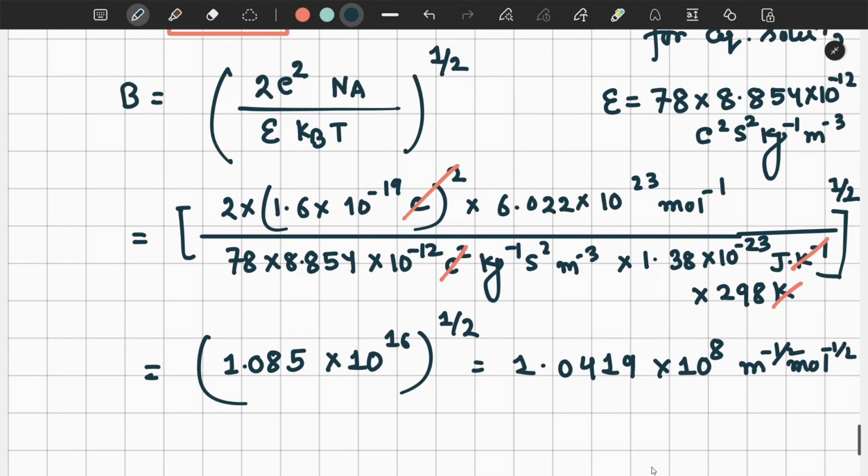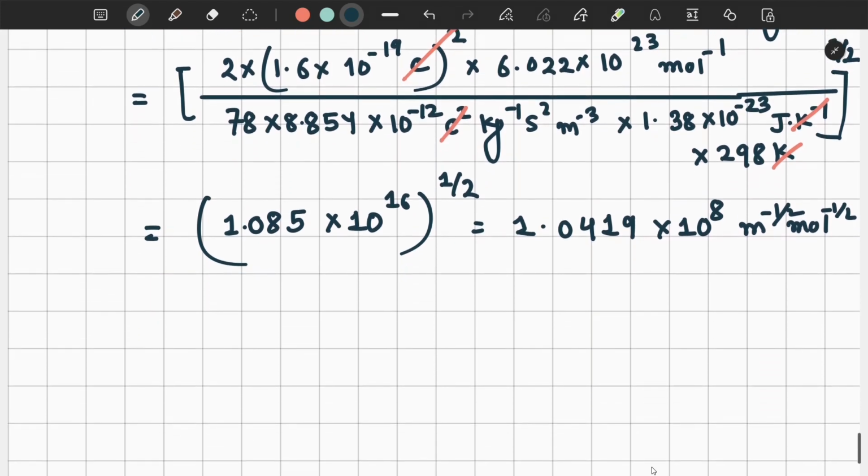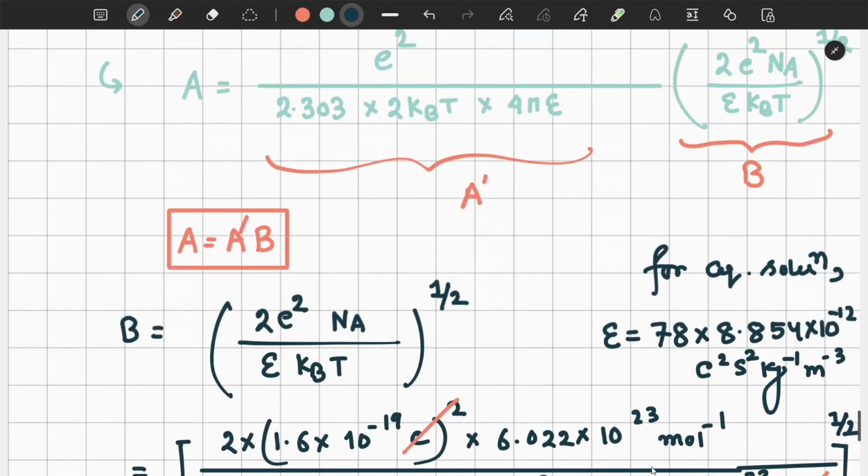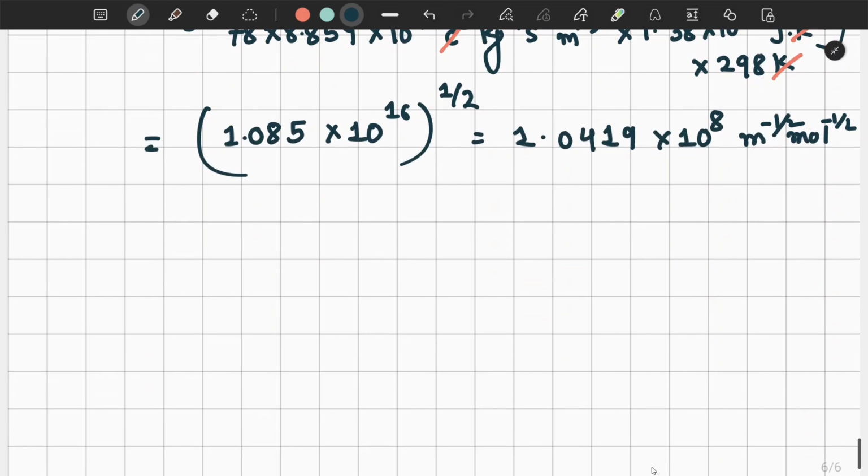Now we know the value of B. And after knowing the value of B, we can calculate the value of A. For that, we need to calculate this A prime.